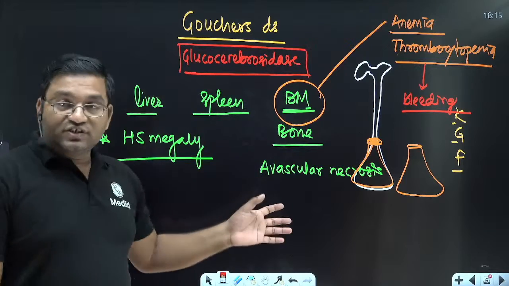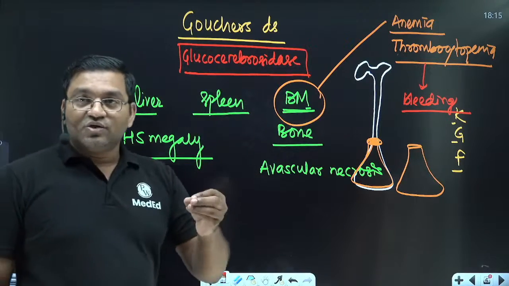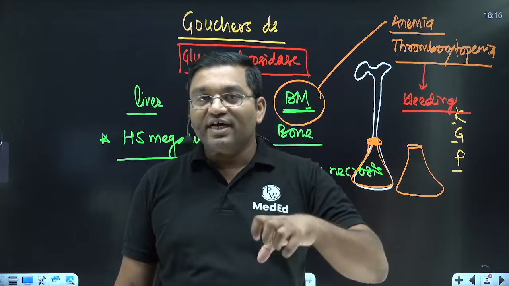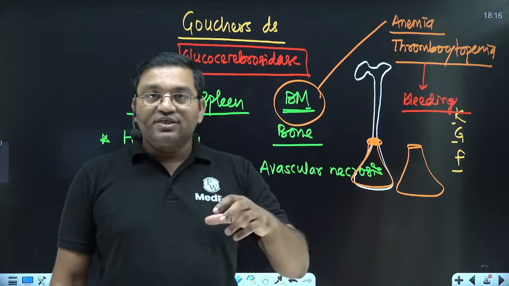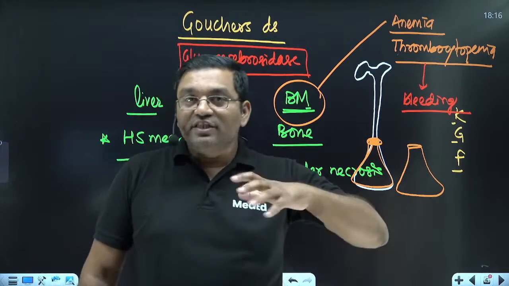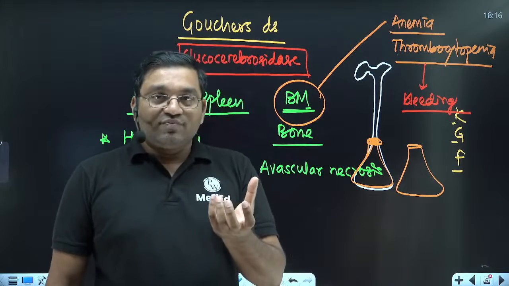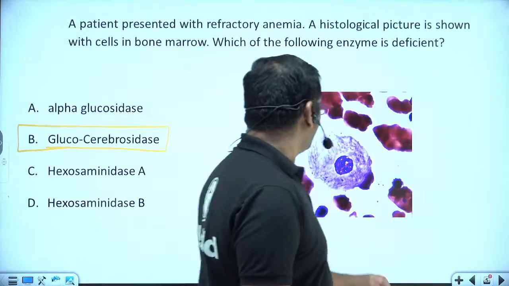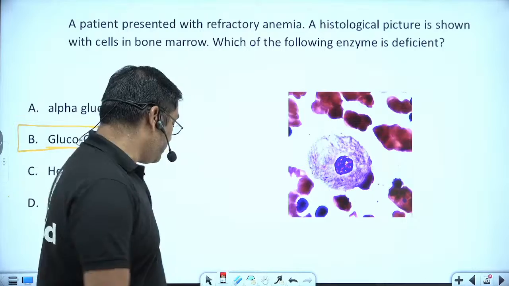Apart from these features, due to continuous accumulation of glucocerebroside, the macrophages are laden with lipids, and that gives a typical picture known as crumpled tissue paper appearance or wrinkled paper appearance.